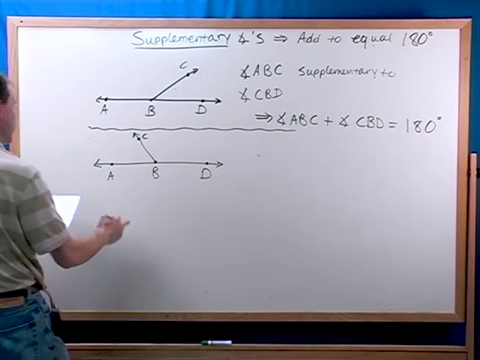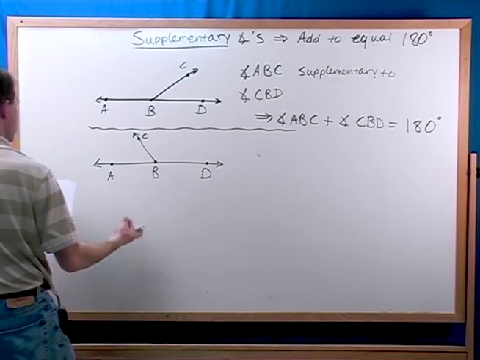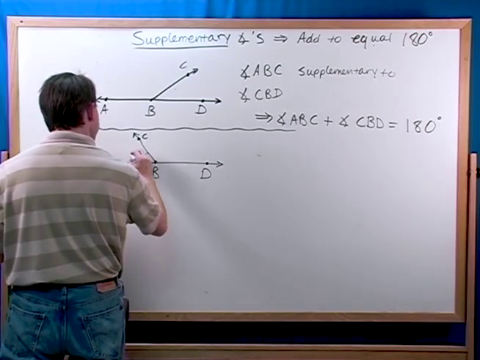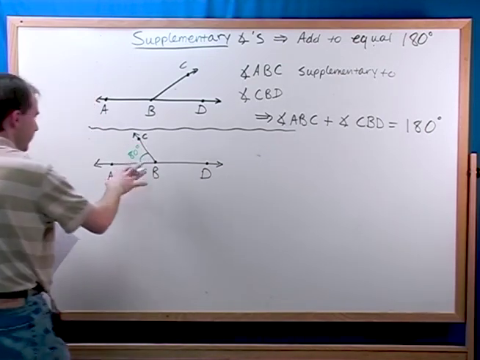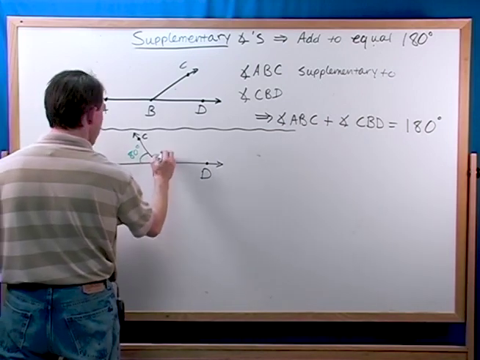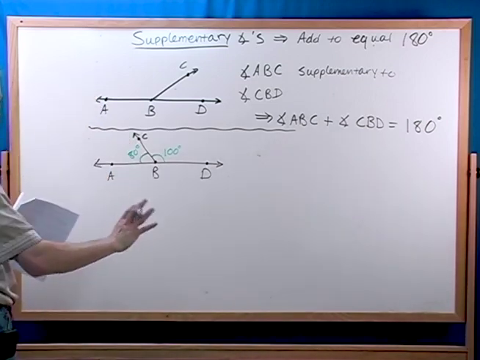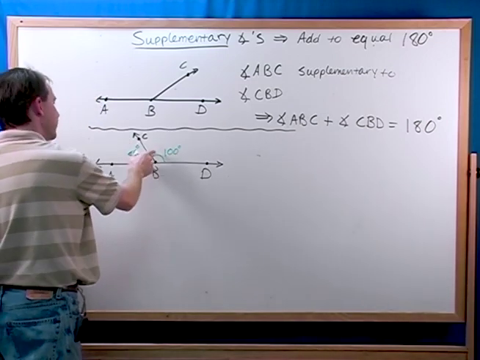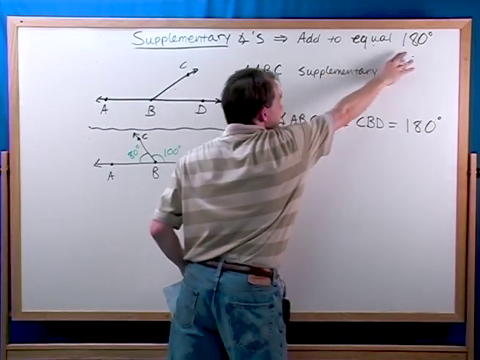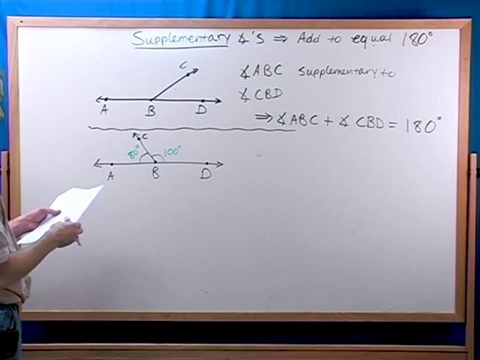And let's say given to you in the problem, let me draw this in a different color so that you can see it a little bit better. In the problem, you were given that this was 80 degrees, and it's given to you in the drawing. And then this angle here was 100 degrees. Then you would know just by looking at it, because 100 degrees plus 80 degrees gives me 180 degrees, that these two angles right here are supplementary to one another.